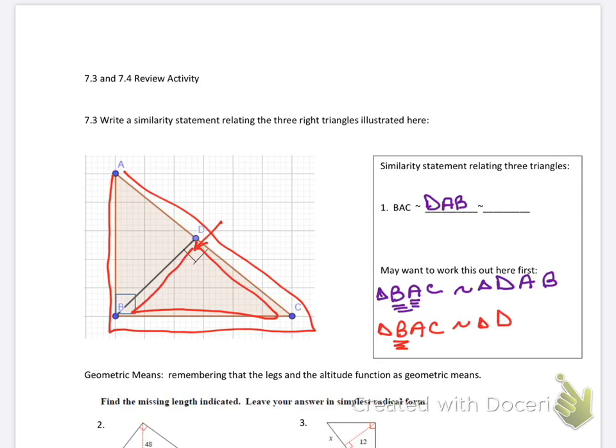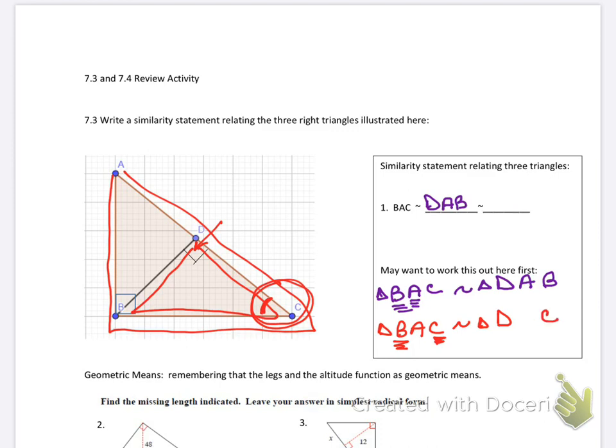All right, then ask yourself, which angle does the big triangle and the small bottom triangle have in common? And the angle they have in common is this C angle. Do you see how that C is a part of both the small triangle on the bottom and the big triangle? So look and see where your C is located in your first big triangle and put your C in the same position.